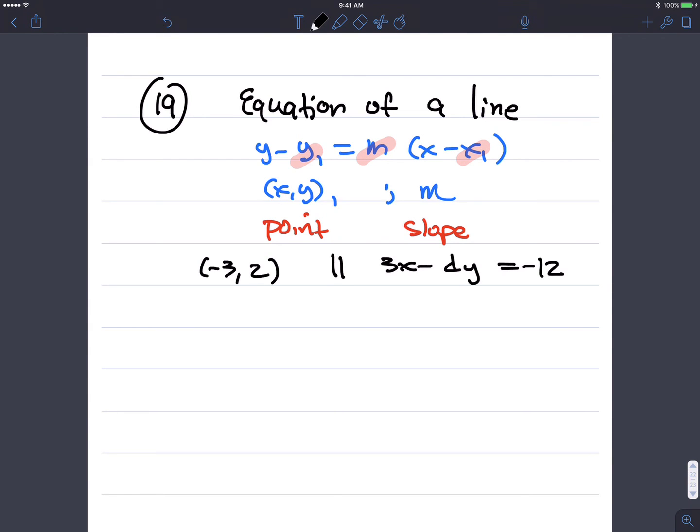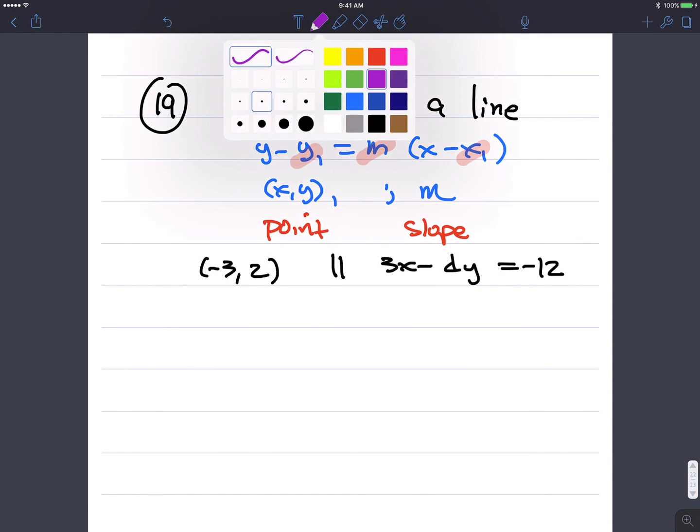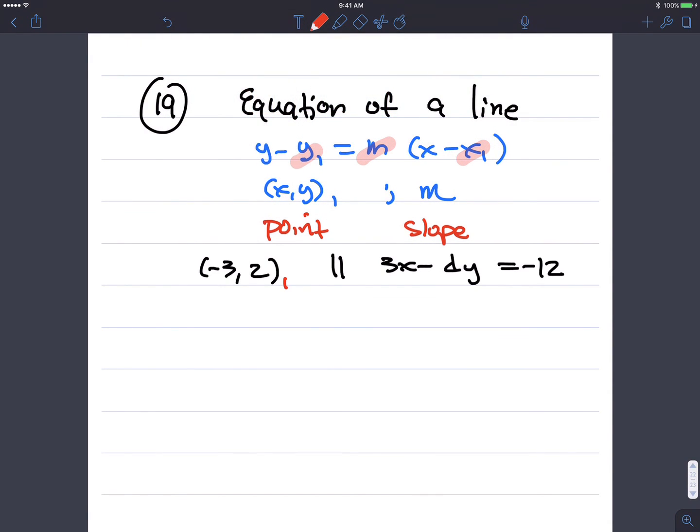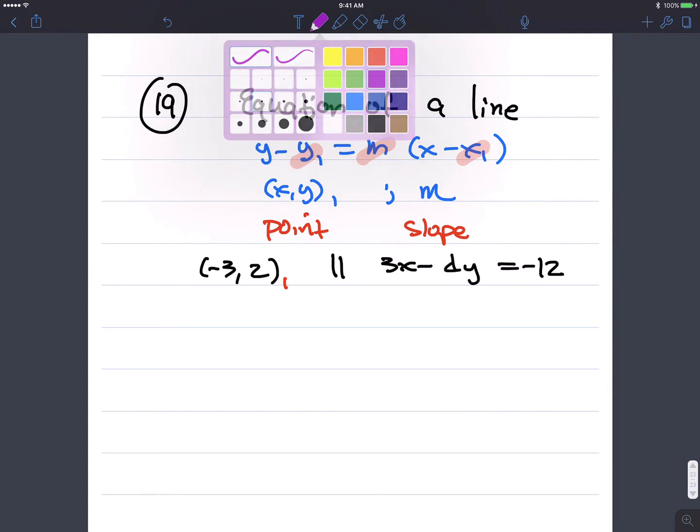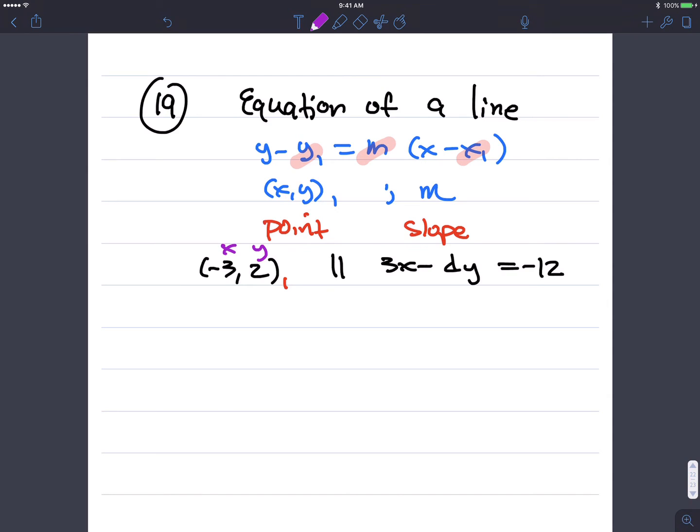So I want to point out to you one important detail. They gave us here a point. We have the x-coordinate and the y-coordinate of our point. So we just need the slope.